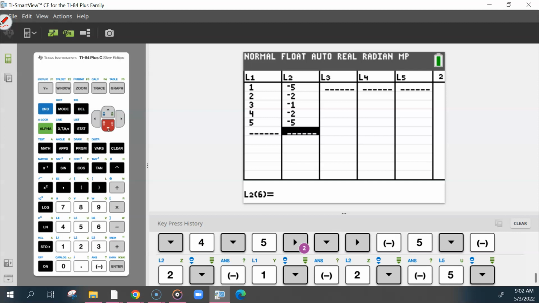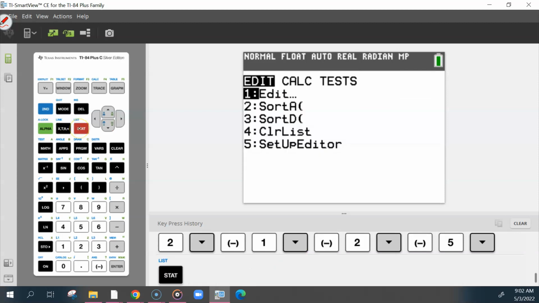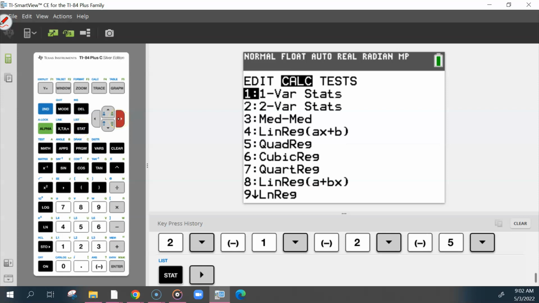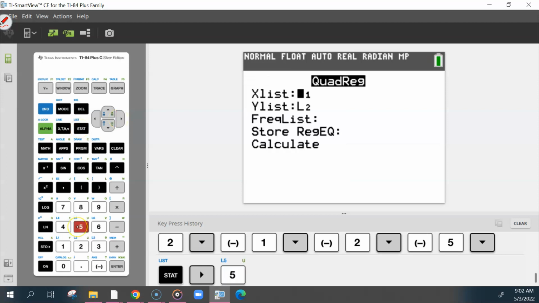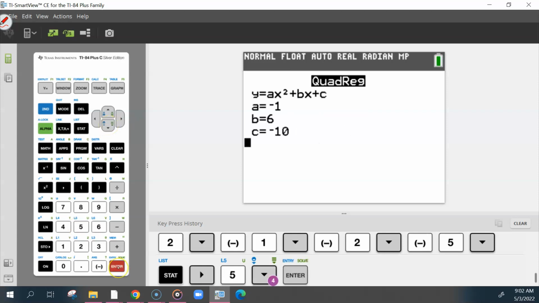Put in your list, go back into stat, scroll over to calculate, do quadratic regression again. And here we again only need the equation, so we can just calculate it.